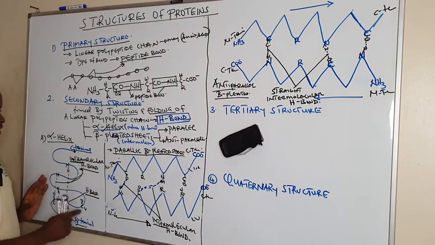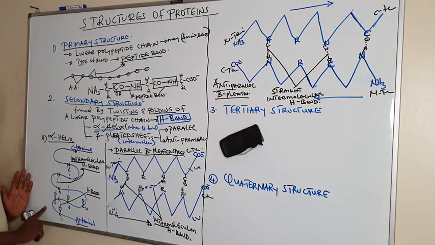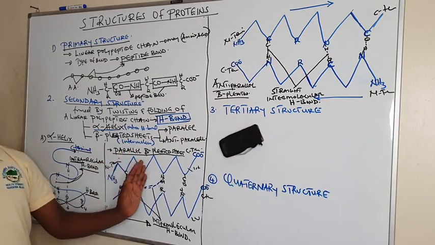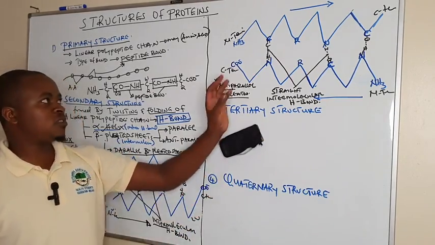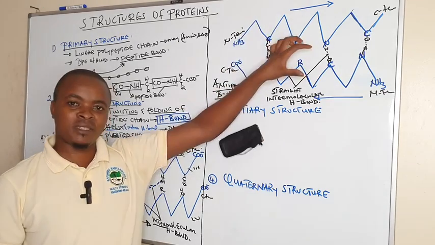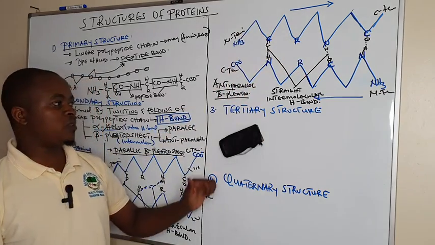And this is what we have illustrated, whereby this is the structure of alpha helix, then the structure of the parallel beta pleated sheet, then the structure of the antiparallel beta pleated sheet of proteins.